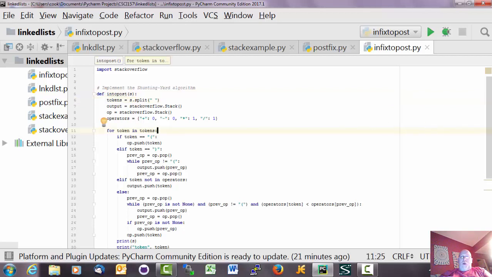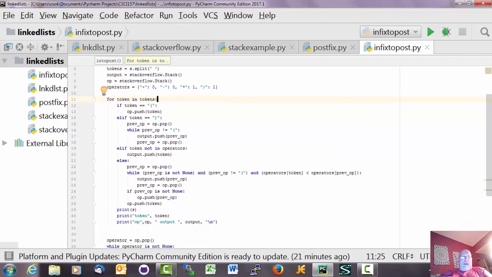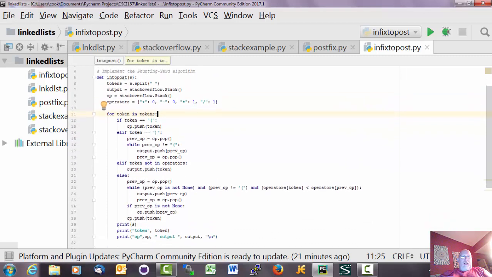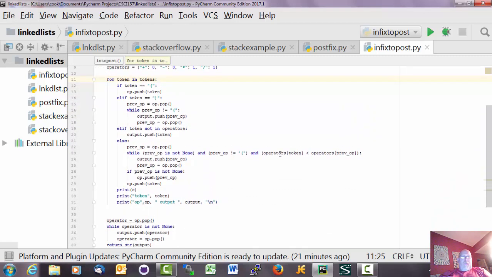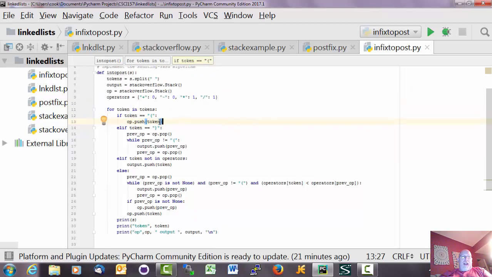Tokens is going to be the original infix expression split on a space, and we are going to go through token by token. Here's how the shunting yard algorithm works. If the token is a left parenthesis, we just push it onto the operator stack.